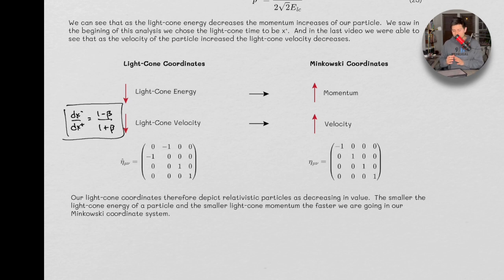As they become more relativistic, something has to happen in the light cone coordinates, and we want those two things to match. This is how we get them to match, and again, these are the coordinates.